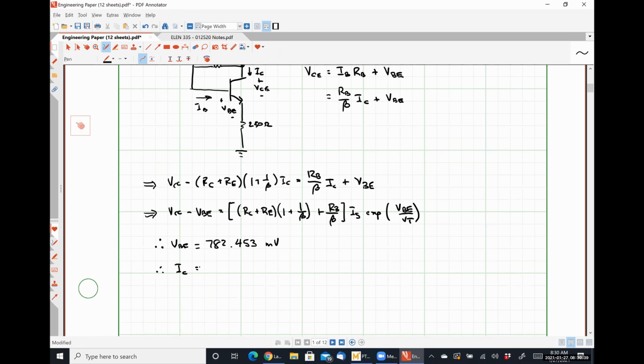So we have 10 to the minus 16 times E to the VBE, 0.782453 divided by 0.026. 1.178 milliamps. Does that sound about right?